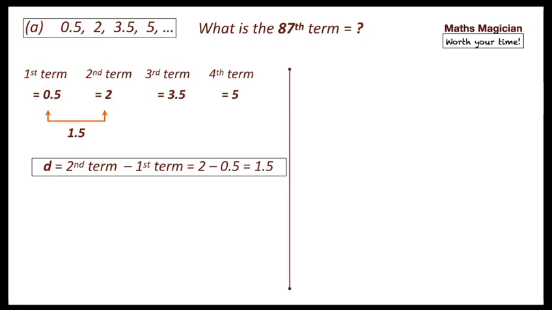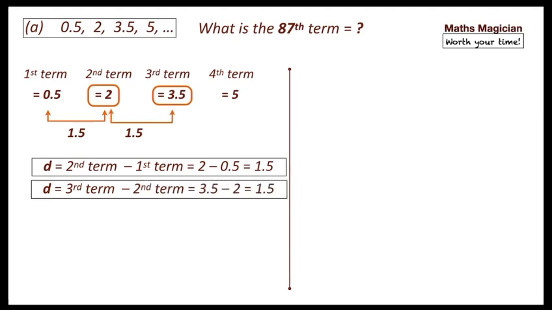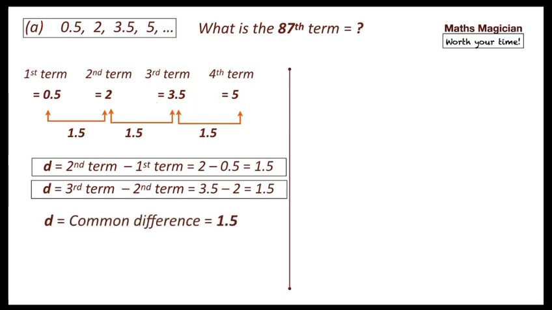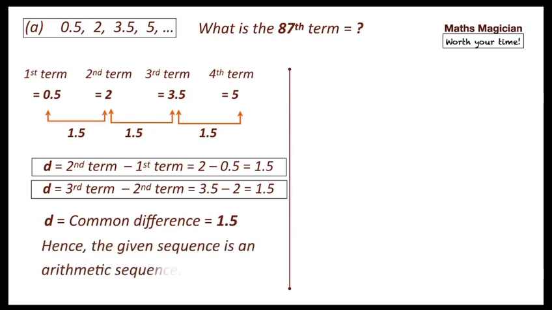We check the difference between second and third term and we calculate D, which is equal to third term minus second term, is again 1.5. If we take third and fourth term and calculate D in the similar way, we will find that the difference D is again 1.5. So the common difference, which is the difference between the consecutive terms, is 1.5. Hence the given sequence is an arithmetic sequence.